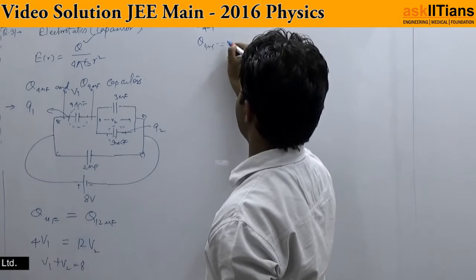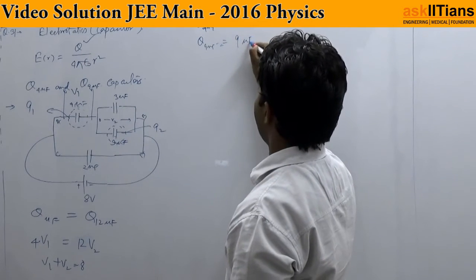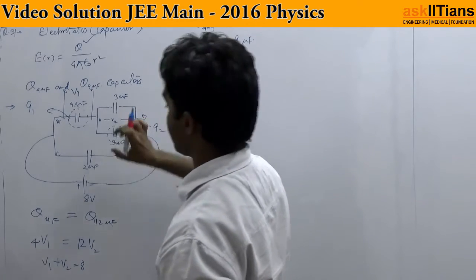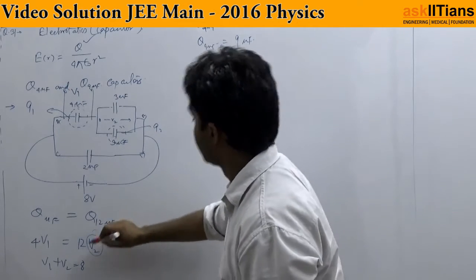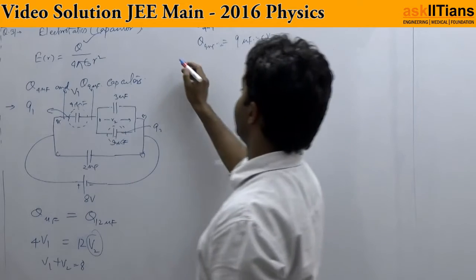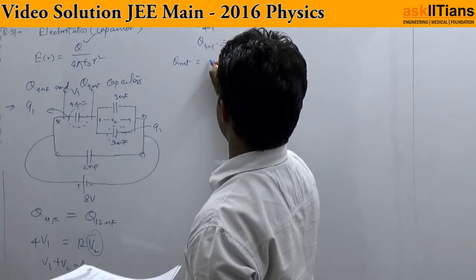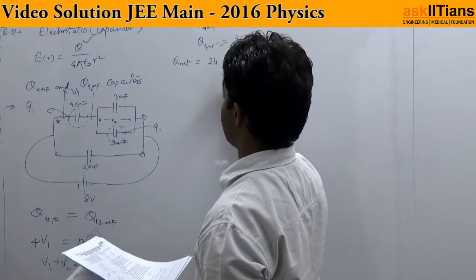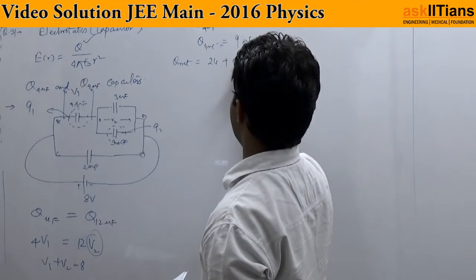It would be equal to the capacitance, 9 microfarad, into the potential drop across it, since it is in parallel combination. So the charge is CV2. Solving this, the net charge spread is 4 into 6, that is 24, plus 9 into 2, because 2 volt is the potential drop.